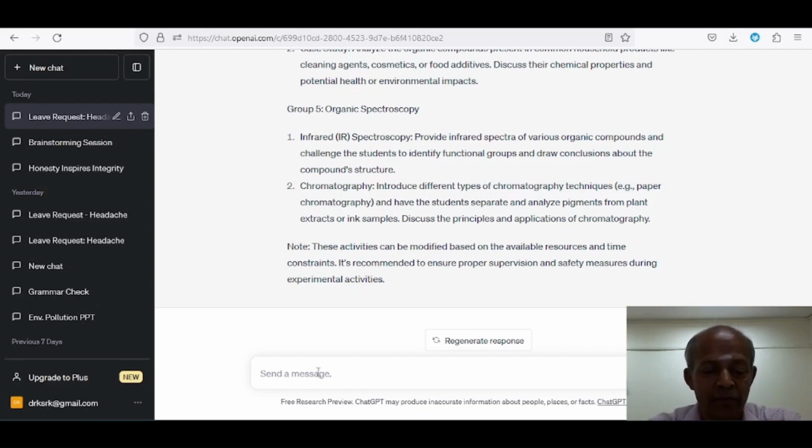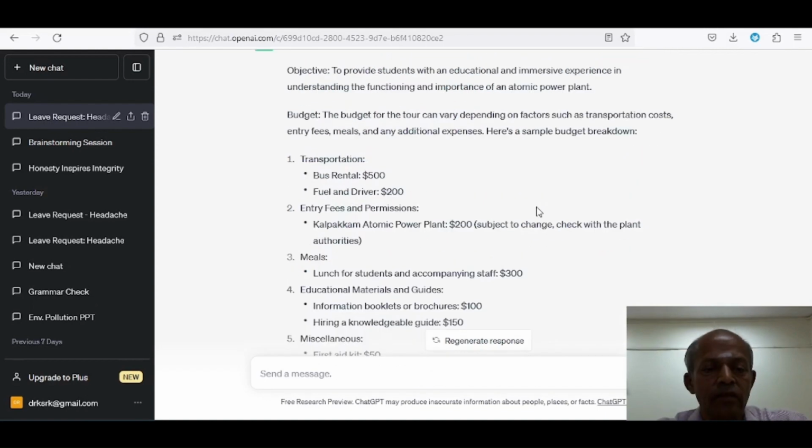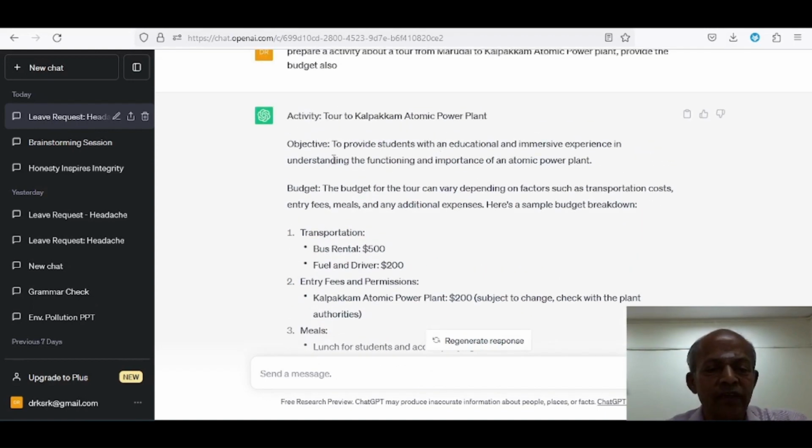Suppose you write the prompt: prepare an activity about a tour from Madurai to Kalpakkam Atomic Power Plant. Provide the budget also.